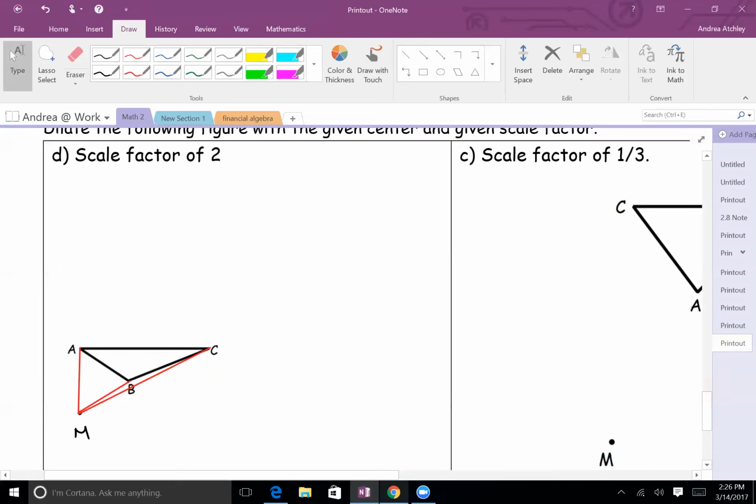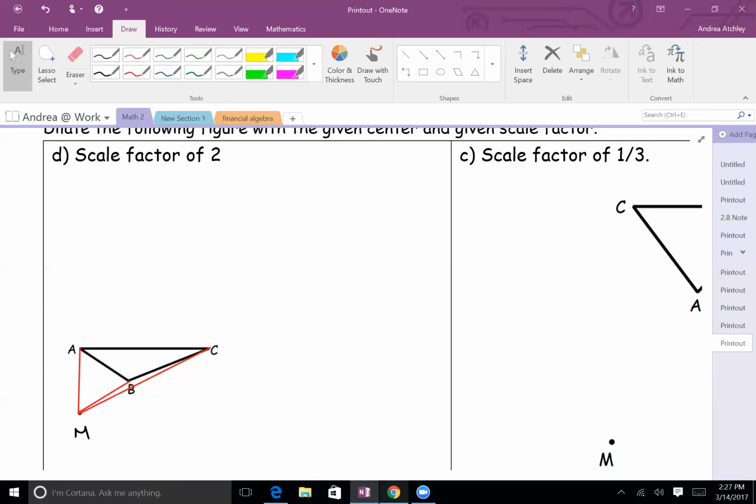Okay, so just draw straight lines from the center point to each of the vertices of my triangle. Then you're going to measure the length from M to A. So if you're using your math money, just line up one edge of it to the other and then mark the length there. Does that make sense?